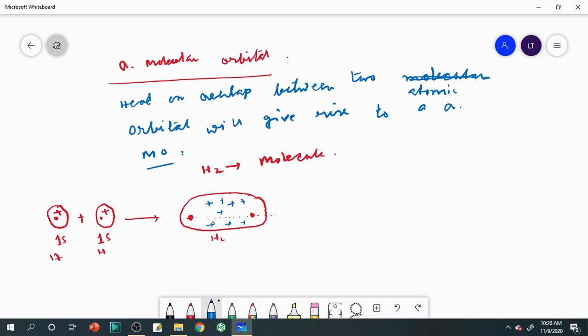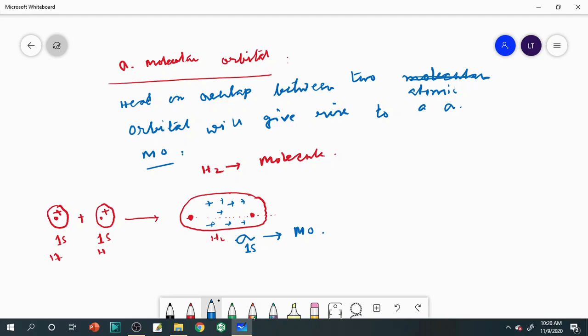In this way there will occur a bonding interaction, and the bonding electrons will be concentrated in the middle of the two nuclei, so that the two nuclei can attract the electrons, and in this way a bonding molecular orbital will be formed. And this is the pictorial form of the bonding molecular orbital. Since this is a sigma type of interaction, we call it a sigma molecular orbital, and it is designated as sigma with 1s in subscript, so sigma 1s molecular orbital. This is nothing but the sigma 1s molecular orbital for the hydrogen atom.